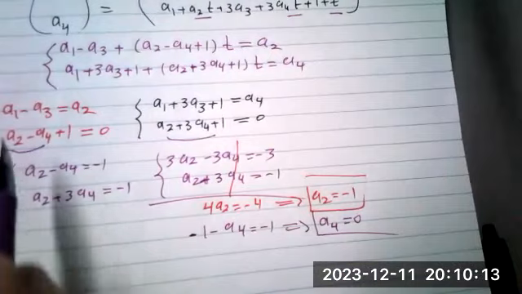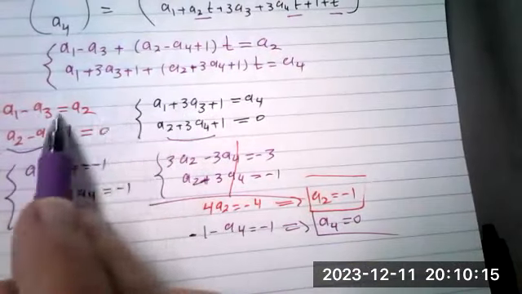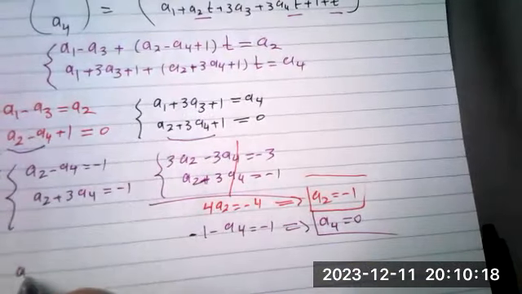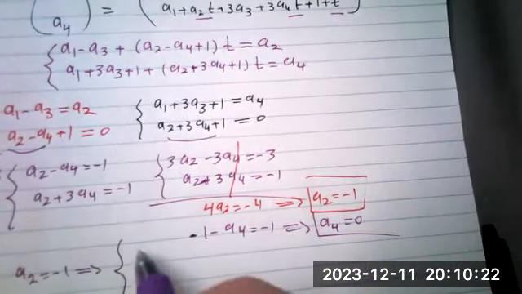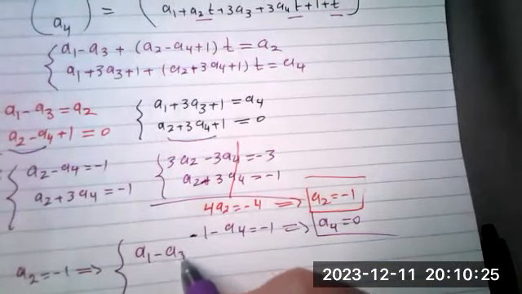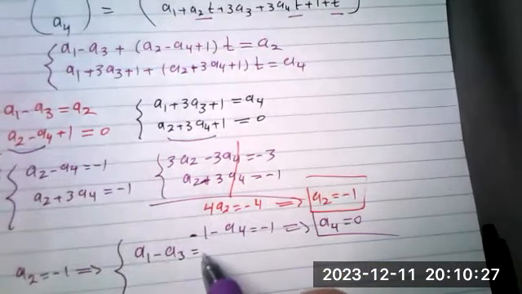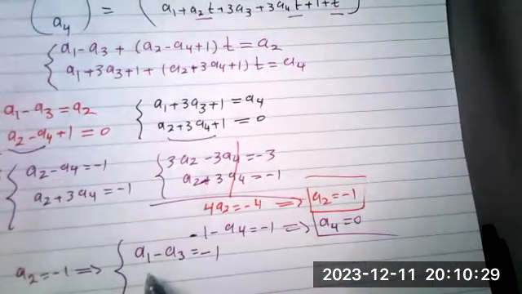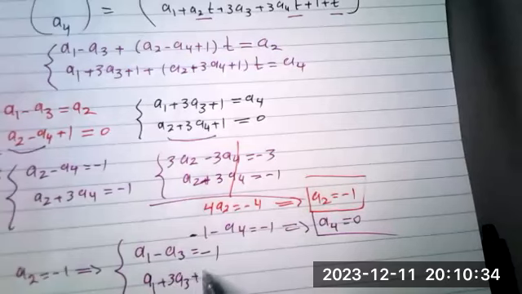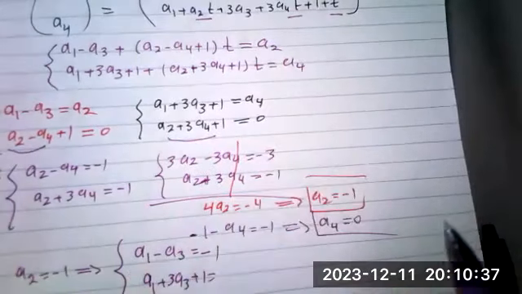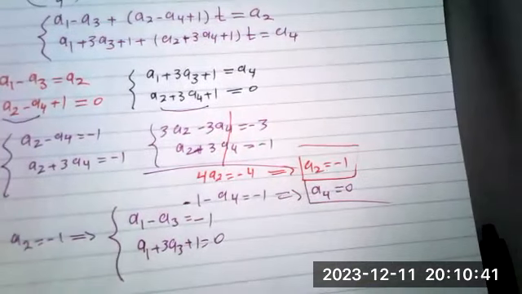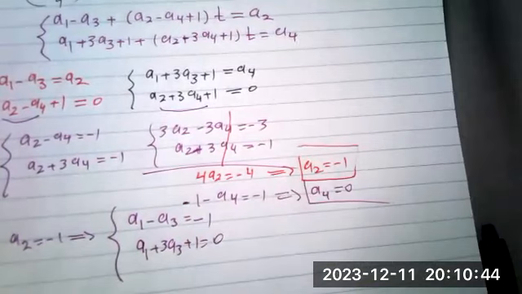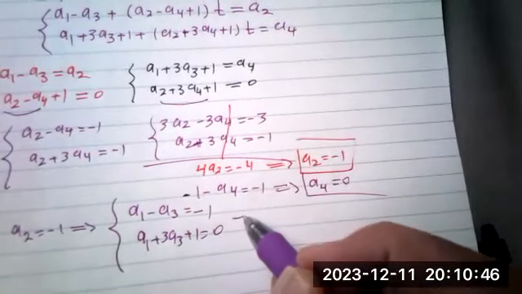Okay, now going back to the first one, you see, substitute for A2. So pick A2 equal to -1, and now you are going to have this system. A1 minus A3 is equal to A2, which is -1. And you have A1 plus 3A3 plus 1 is equal to A4. A4 is 0. Okay, so you need to find these two to be able to go to the first equations. So there you are.